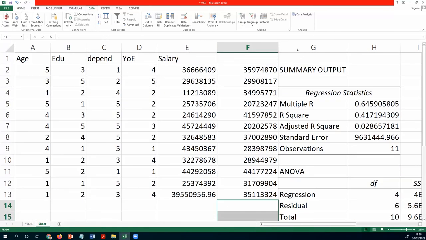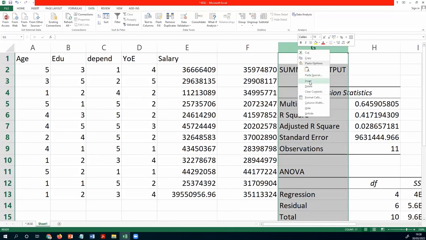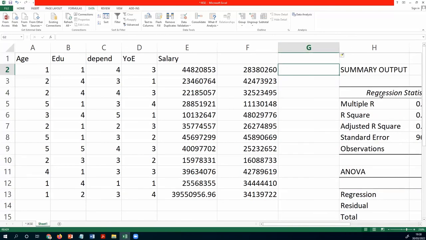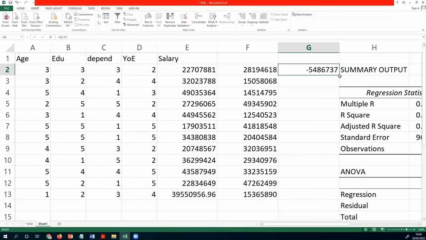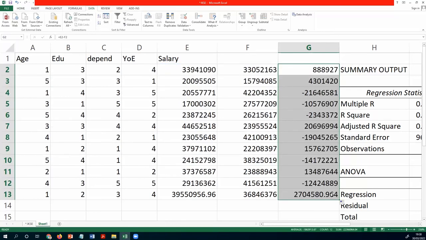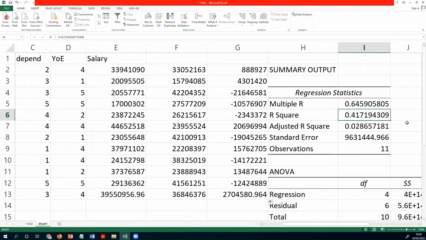So let's say this is the error. The accuracy minus. So this is the error of the data. The R square is telling us, okay, the data you have here only represents 41% of the total variables that should be put into the data.